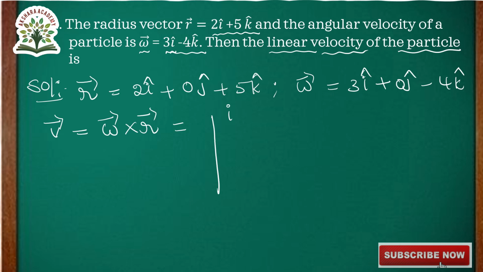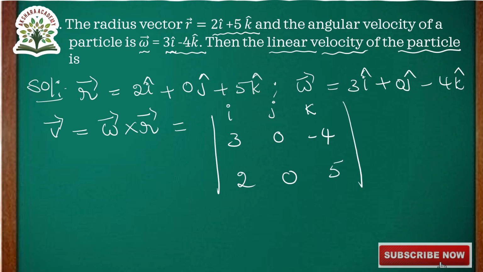So now we are doing the cross product of angular velocity and radius vector. So i, j, k, and we write the components of i, j, k in the angular velocity. Those are 3, 0, minus 4, and we write the i, j, k components of r bar. Those are nothing but i component 2, j component 0 and k component 5.